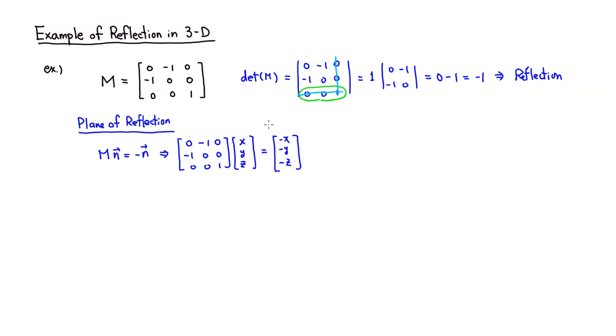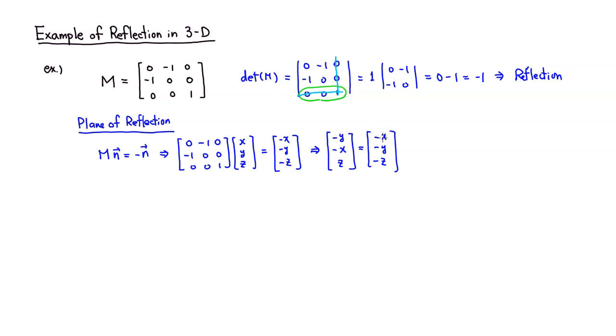Let's multiply it out. We get negative y, negative x, and z, and this has to be equal to the negative of the original vector: negative x, negative y, negative z.